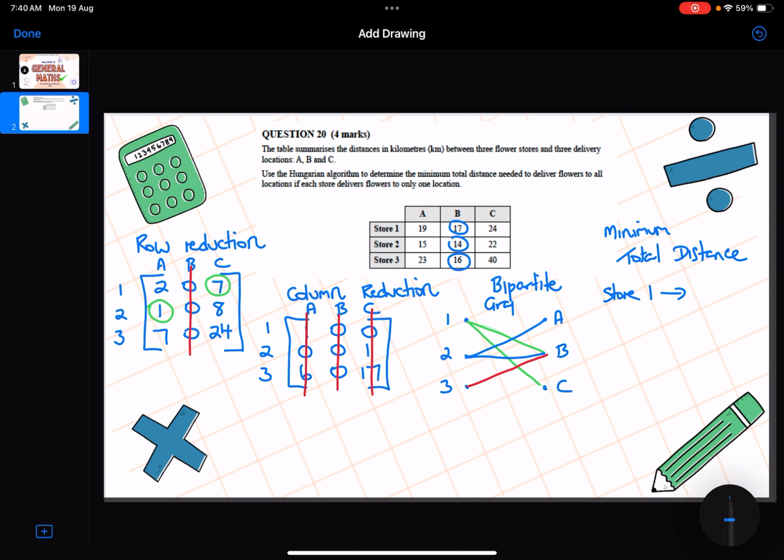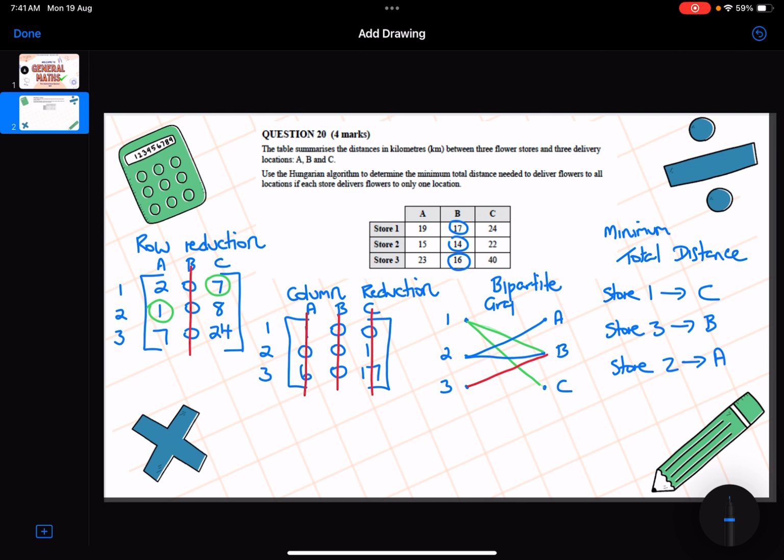There's only one option down here for location C, and that has to be store 1. So store 1 is going to location C. In terms of store 3, you can see for the red line, store 3 only has one location, and that is B. And then the last store, store 2, obviously has to go to the other location that's left over, which is location A.